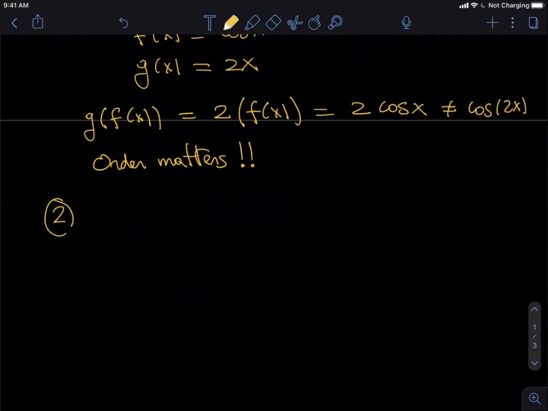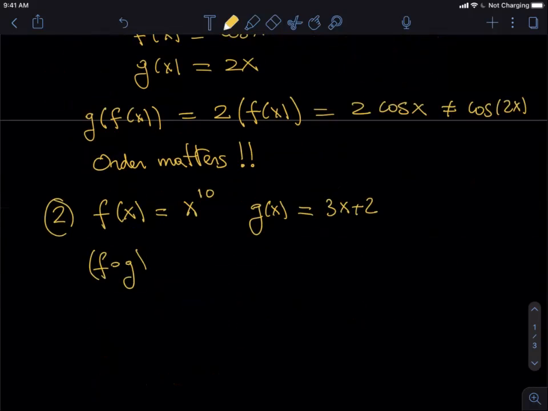Let's do more examples. For example, let's say a composition of a power, x to the power 10, and then let's pick something linear, 3x plus 2. So here, when I do f composed with g, okay, always write down with the parentheses, this is f of g of x.